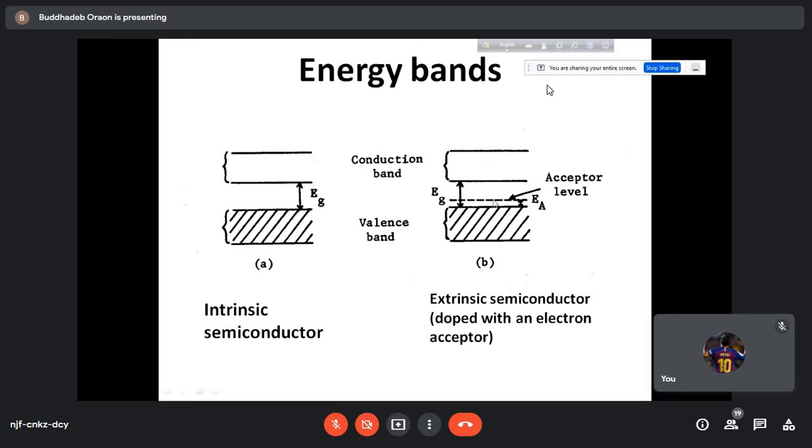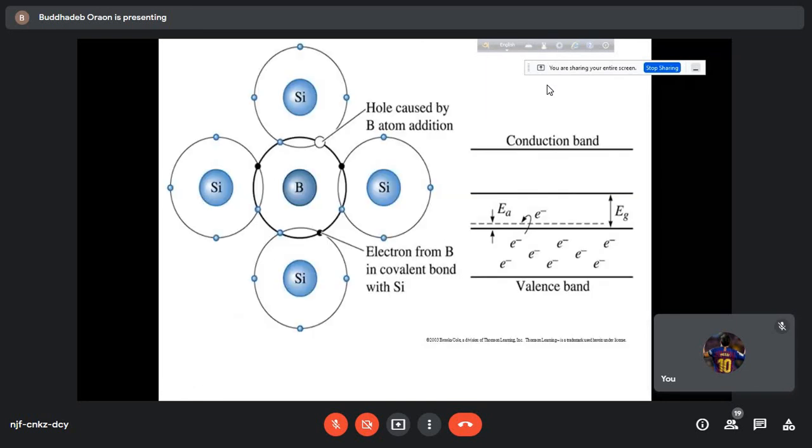This shows the large number of holes here, and when electrons from the valence band move, definitely when an electron moves from the valence band, another hole will be created. That is how there will be the movement of the holes. So this is the idea of the P type of semiconductor. This is another diagram which will show how P type semiconductors are formed.